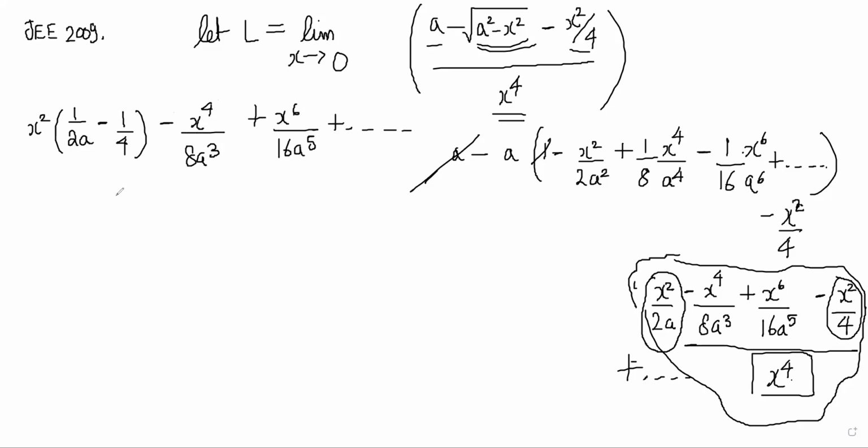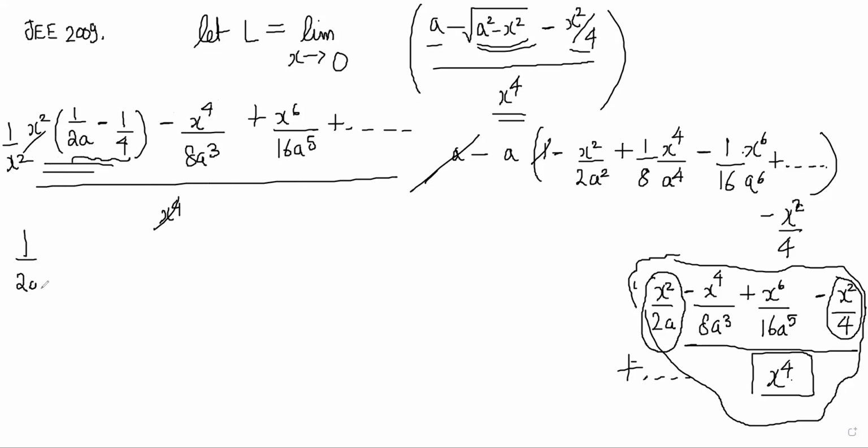This is the series, and it is divided by x power 4. So the limit will be infinite if this term doesn't disappear, because this will become 1 by x square, right? Yes. And if this is not 0, then this is tending to infinity, right? Yep. So 1 by 2a must be equal to 1 by 4, and a must be equal to 2, right?